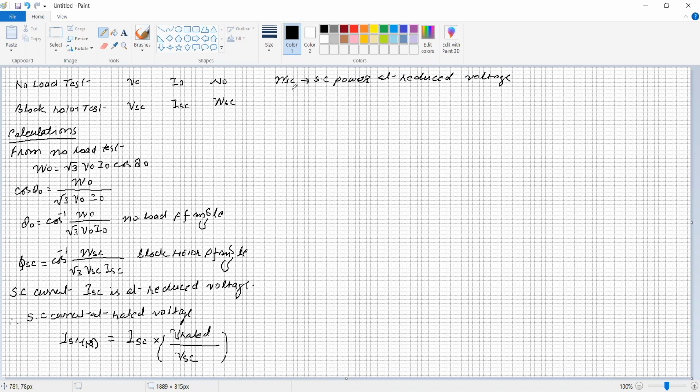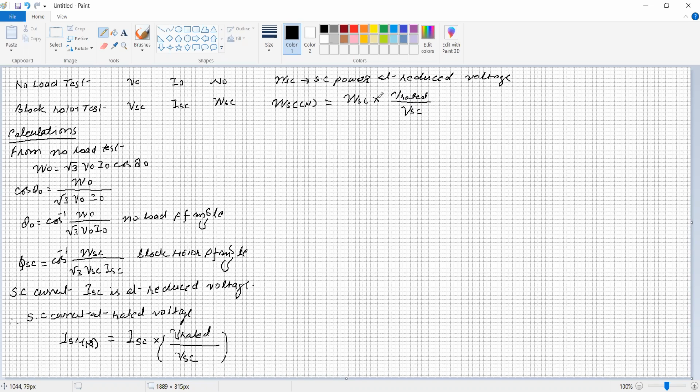So definitely, the short circuit current will be very high under rated voltage condition. The short circuit power under rated voltage condition will be WSCN, where N stands for the normal voltage. When normal voltage is applied, it is VSC multiplied by V rated, the rated voltage of the motor as per the nameplate, divided by VSC.